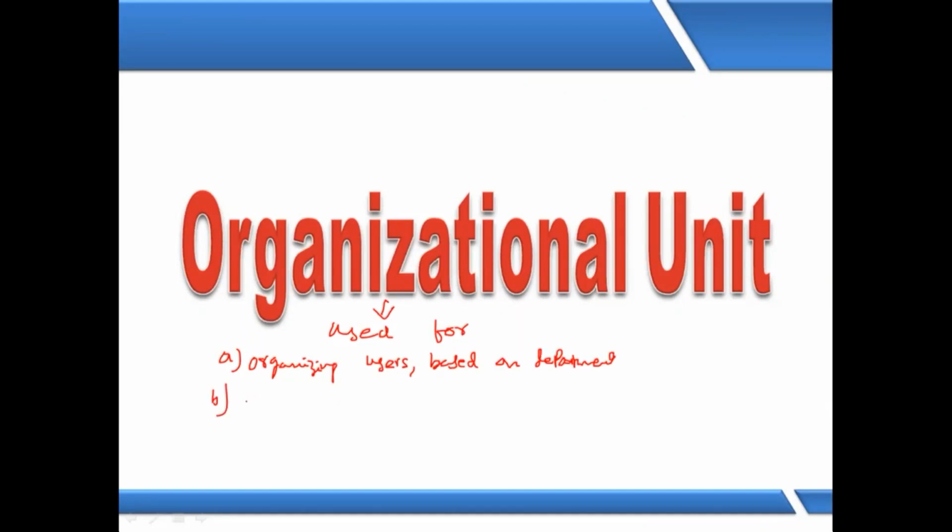The second purpose of OU is that by using the OU, we can apply delegation control. What do you mean by delegation control? If the administrator is busy with some important work and wants to give some simple, routine tasks to another user, not full privilege, just some limited tasks, can it be done? Yes.